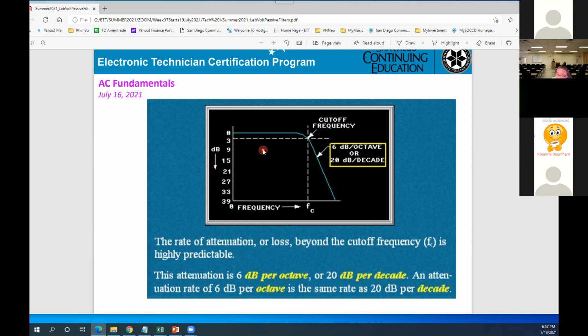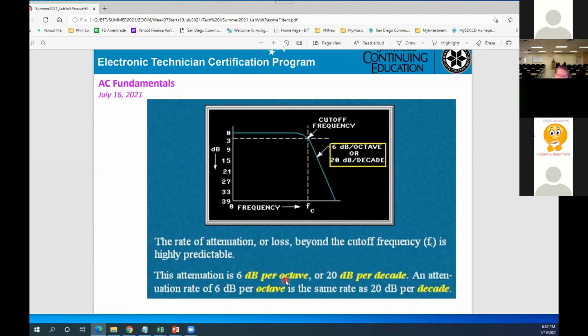For sure. Attenuation means you lost. You get 10 volts coming in, you get 7 volts coming out, you lost 3 volts. However, it has to be negative all the time.